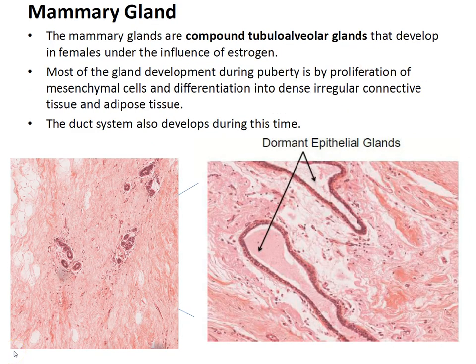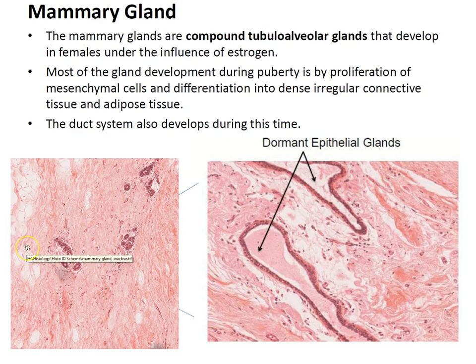Now let's look at the changes in the structure of the mammary gland. The mammary glands are compound tubulo-alveolar glands, and these glands develop under the influence of estrogen. Now during puberty, the gland development is essentially by proliferation of mesenchymal cells and differentiation into dense irregular connective tissue and adipose tissue.